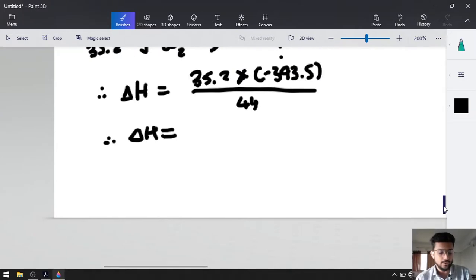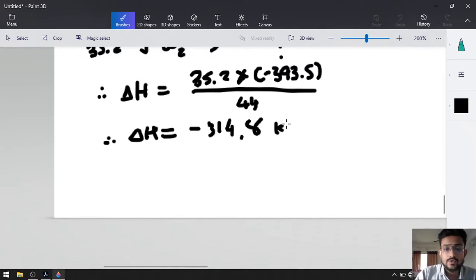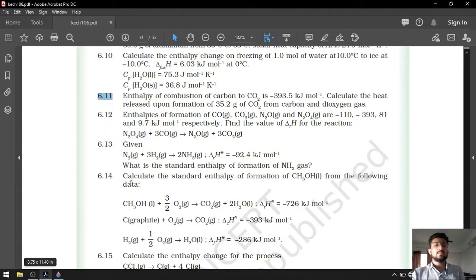Now 35.2 into 393.5 divided by 44, the answer will be equal to minus 314.8 kilojoule mole inverse energy will be required to create 35.2 gram of carbon dioxide.